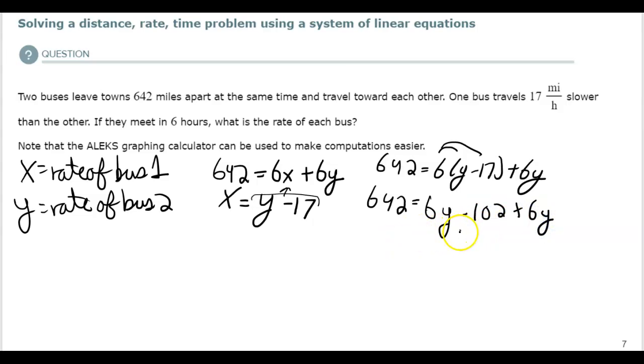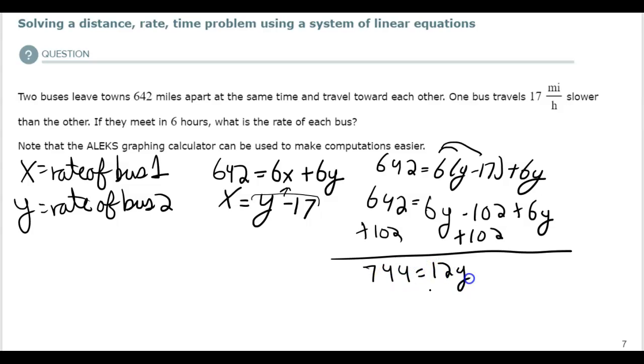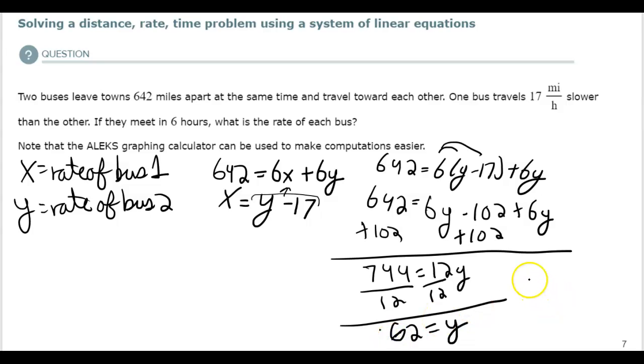I can combine like terms. So I know that y is 62 miles per hour.